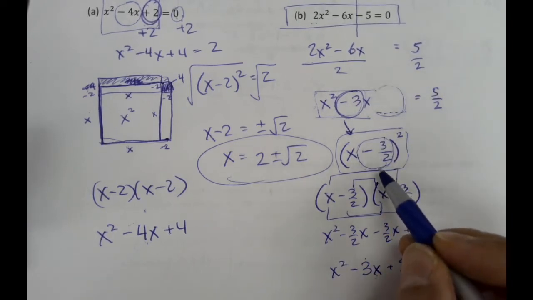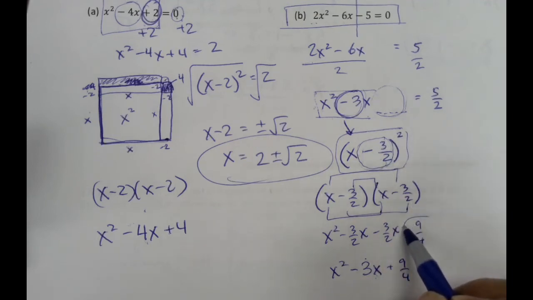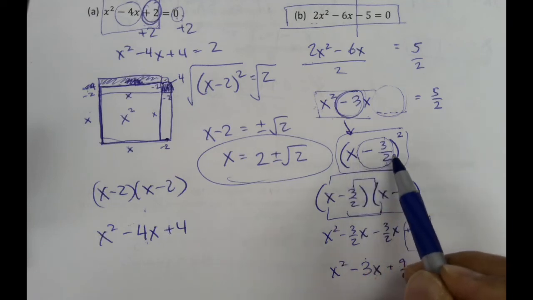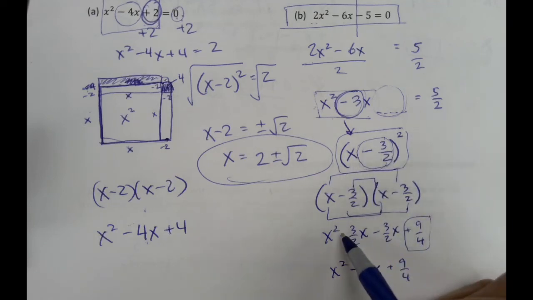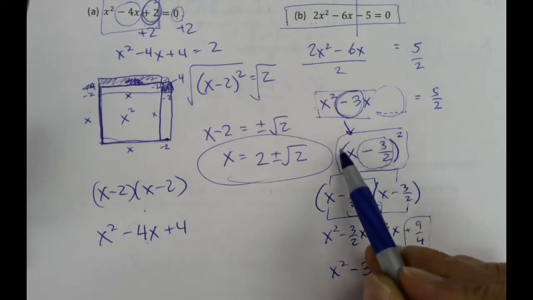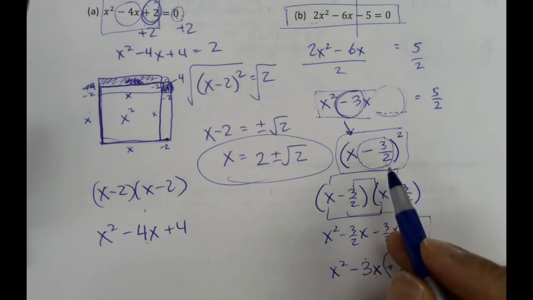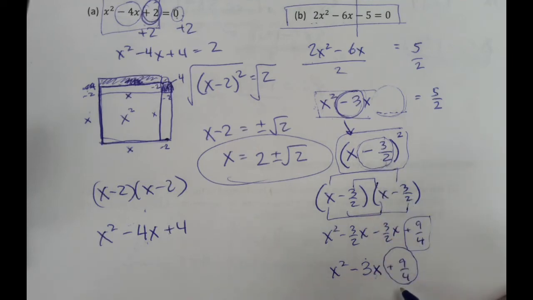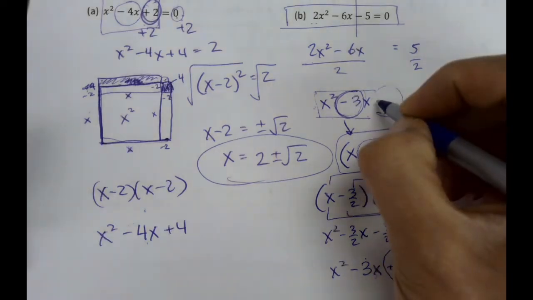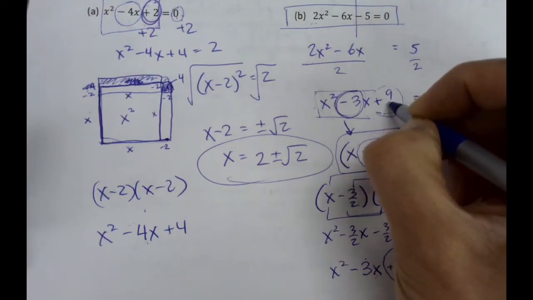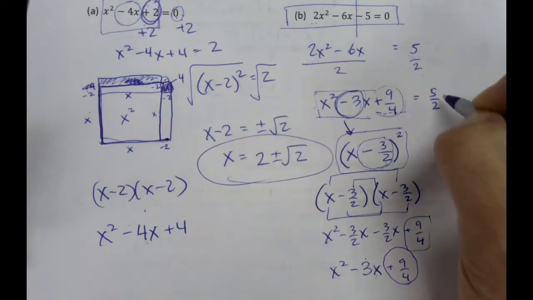Well, it's got to be 9 over 4, because if it is x minus 3 halves squared, then when I multiply that out, I will get 9 over 4. Negative 3 halves squared is positive 9 over 4. So to complete this square, I'm going to add 9 over 4, and of course I can do that if I add 9 over 4 to both sides.